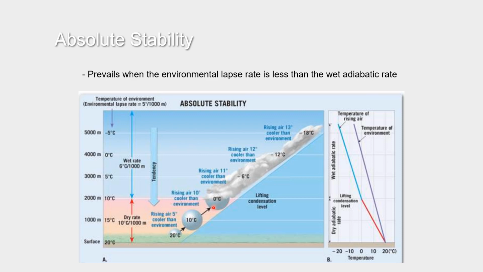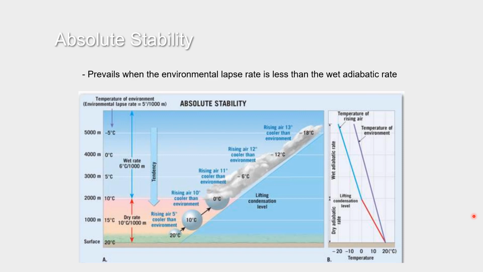So it's always more dense and heavier than the surrounding air temperature, which is 15 degrees, 10 degrees, 5 degrees, and 0. That's why it is called stable, because it does not go up unless it is forced to. So again, when the environmental lapse rate is less than the wet adiabatic rate, the air exhibits absolute stability and it resists vertical movement.